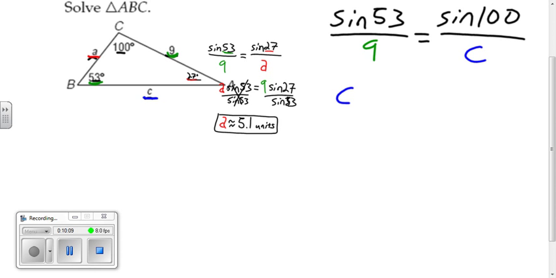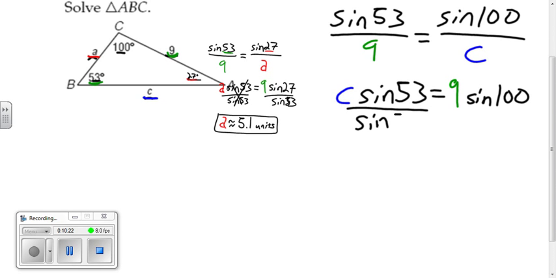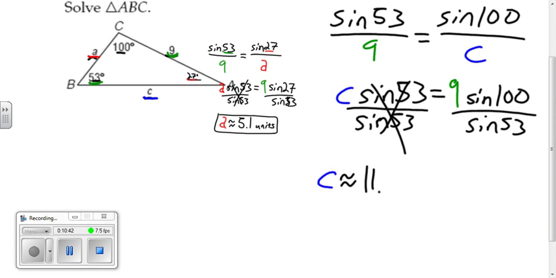So we cross multiply and divide. c times sine 53 equals 9 times sine 100, and divide by sine 53 on both sides. We are left with c equals 9 times sine 100, all of that over sine 53. And on my calculator, that's coming out to approximately 11.1 units.